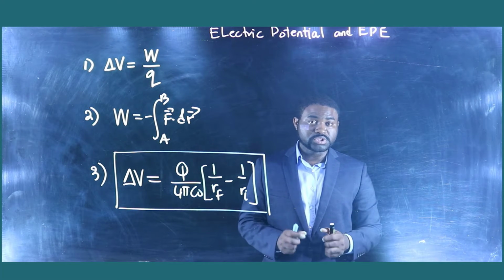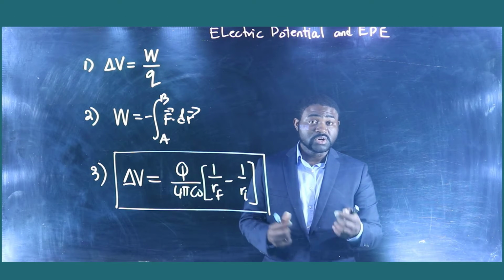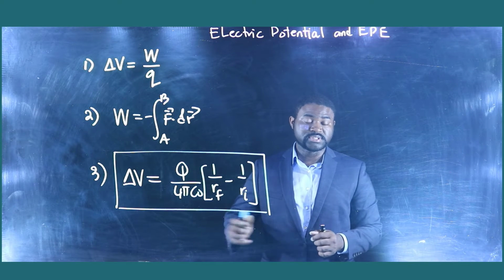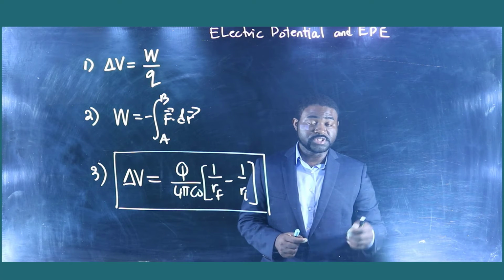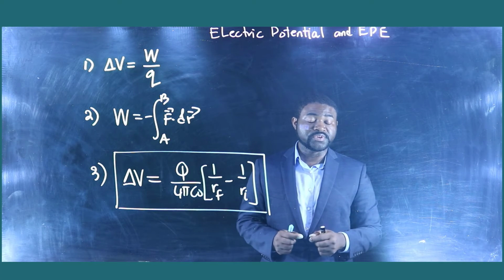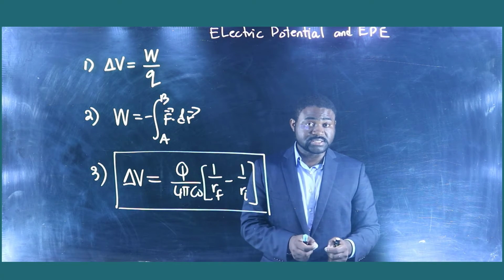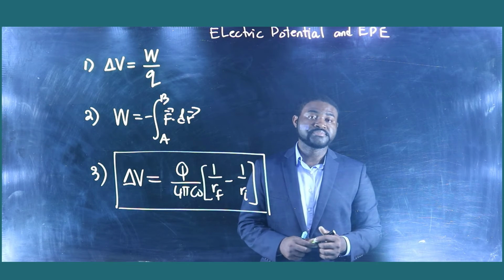Now, this is important because electrical potentials really are not that important. What is important and more practical are electrical potential differences. But to measure the electrical potential difference between 2 points in an electric field, one of those points needs to be a point where we are certain of the value of the potential at that particular point.